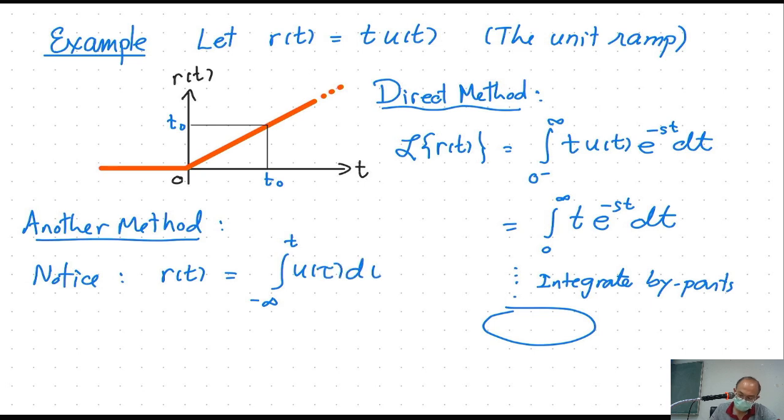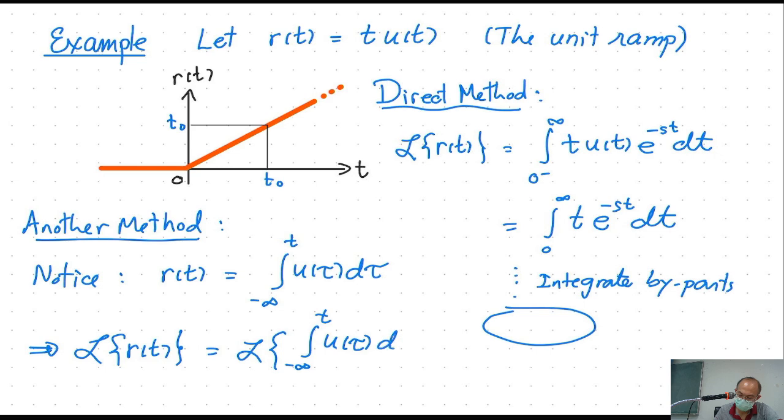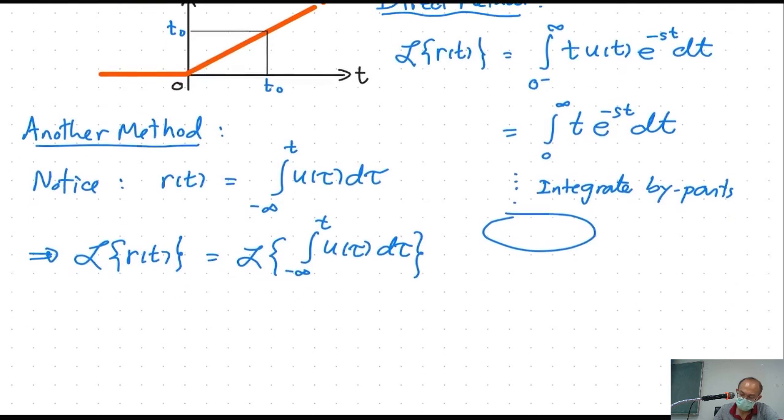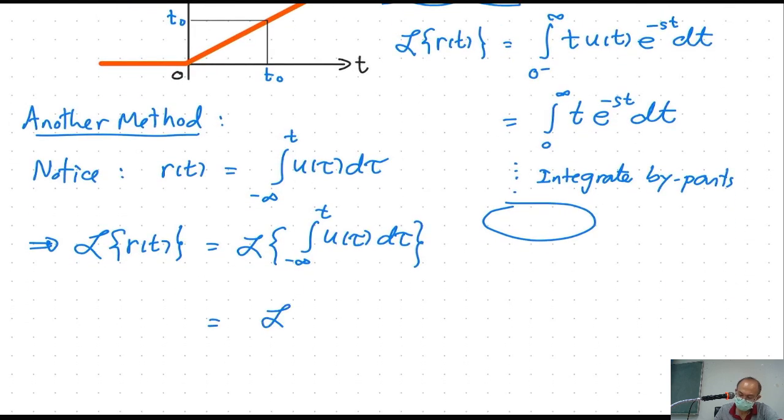So by the integration property, the Laplace transform of r is the Laplace transform of the integral from negative infinity to t of u(tau) d tau, and that is equal to the Laplace transform of u divided by s, and that is 1 over s squared.